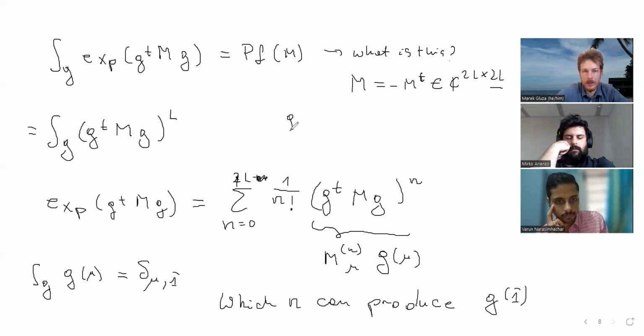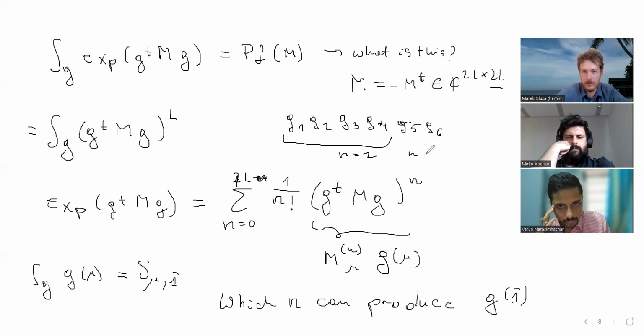So let's say I take G1 and G2, then the second power will give me G3, G4, and then I need to continue it. So this gives me the full index on the first one, and here is N equals 2. Then G5, G6 is N equals 3 and gives me the index 6.